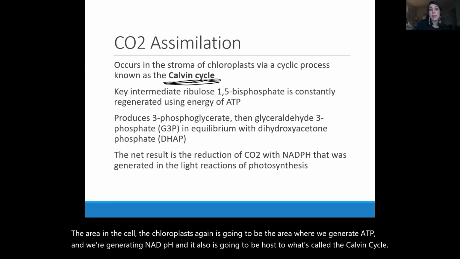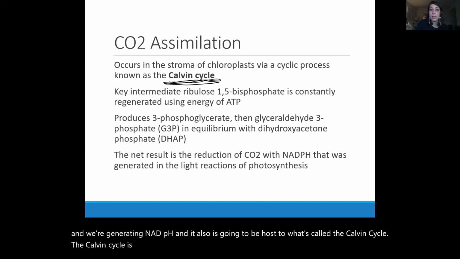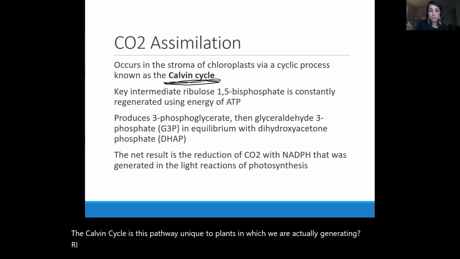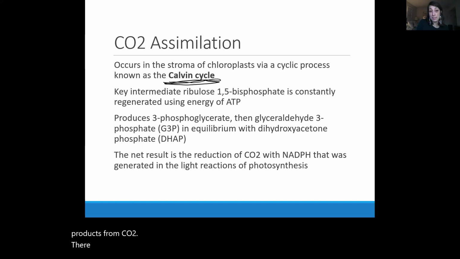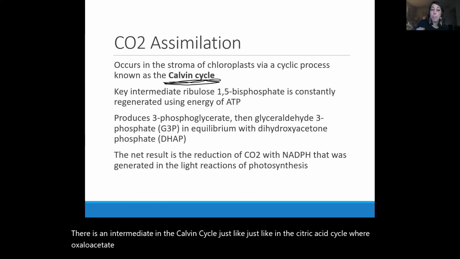The Calvin cycle is this pathway unique to plants in which we are actually generating our products from CO2. There is an intermediate in the Calvin cycle, just like in the citric acid cycle where oxaloacetate cycles through repeatedly.